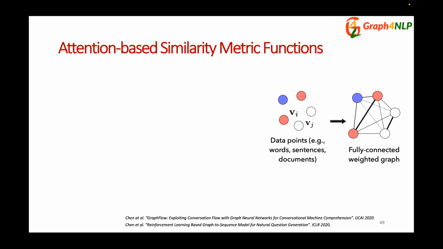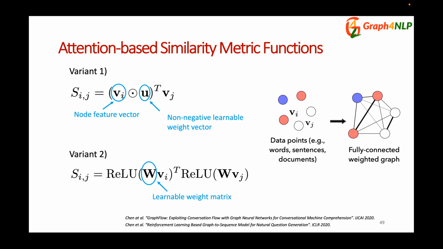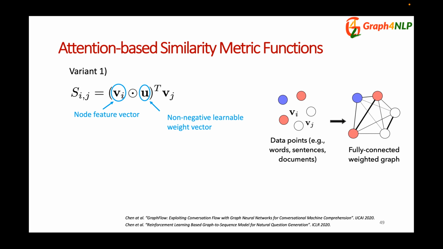Let's first talk about attention-based graph similarity metric functions. Let's see two typical variants. In variant 1, vi is the node embedding, and u is a non-negative weighted vector learned to highlight the different dimensions of the node embedding. They have the same dimensionality.